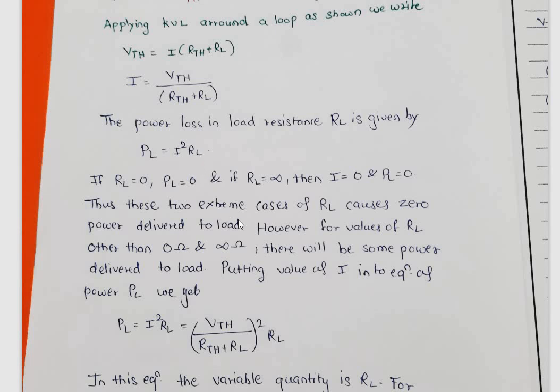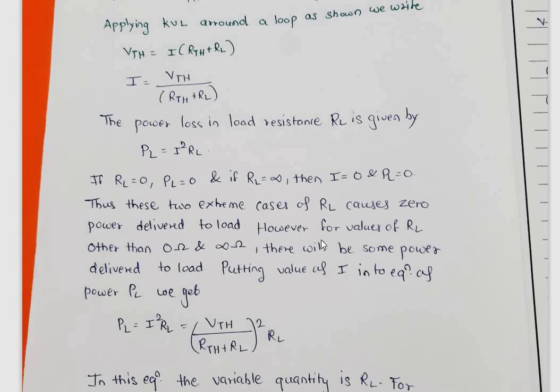The current will be very small, and therefore again it will not produce appropriate power. So when RL is equal to 0, PL is equal to 0. And if RL tends to infinity, PL does not become infinity, but also tends to 0 because the current drops. Thus these two extreme cases of RL cause zero power to be delivered to the load.